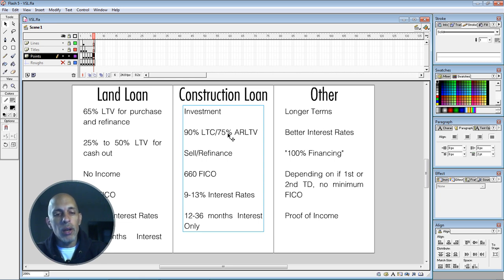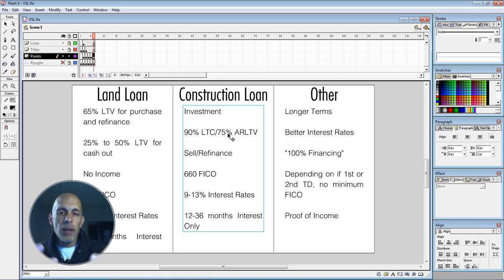But if you've already bought a piece of land that has a value of $200,000, either because you spent $200,000 cash purchasing it, or you bought it 10 years ago and over time it's appreciated, or you bought it for $50,000, you've done a lot of horizontal work on it already, and now the value is $200,000.